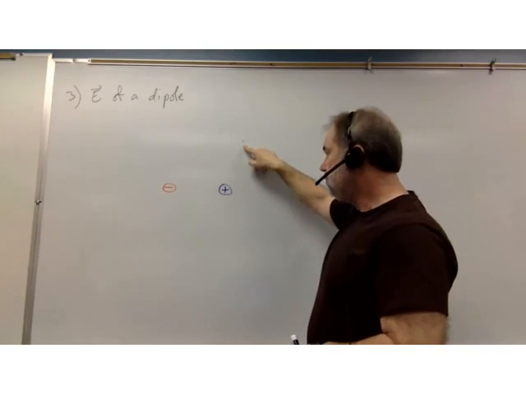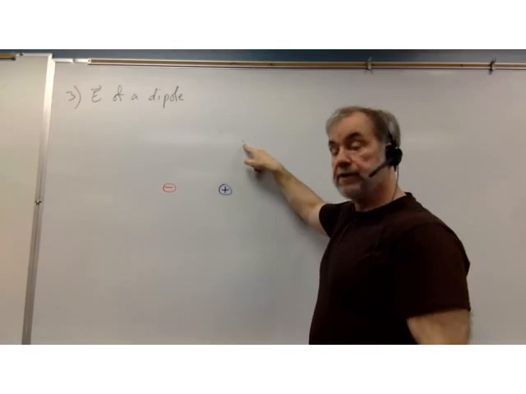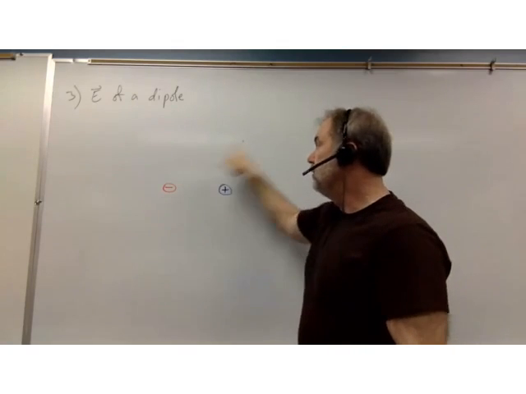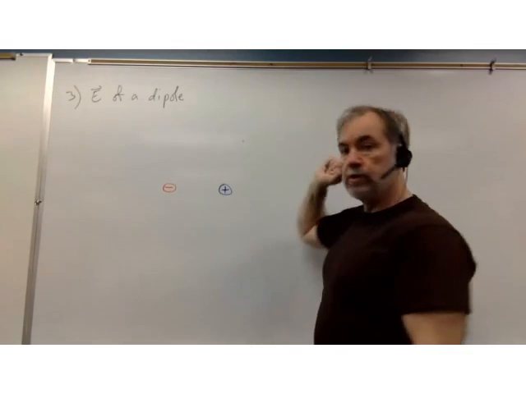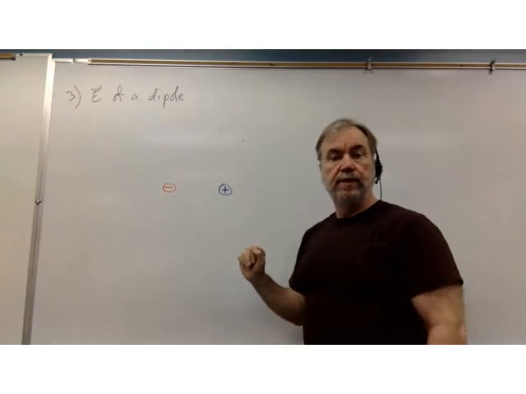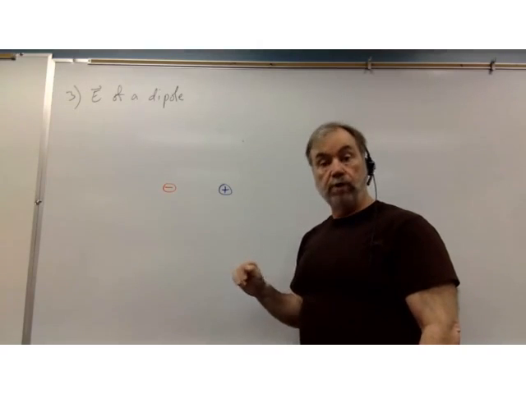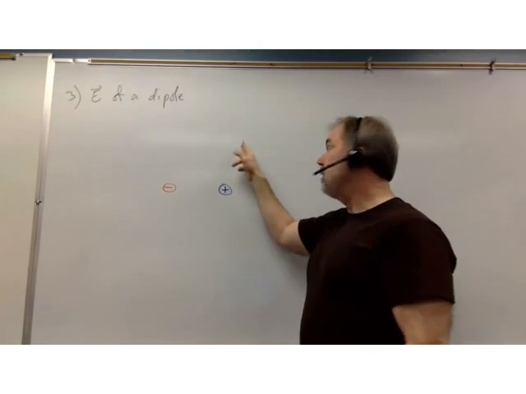Second, the total field is going to be the superposition, the vector sum of these two fields. And third, the rule holds. The direction of the field for each of these charges is determined by the direction of the force that their field would apply on a positive test charge.